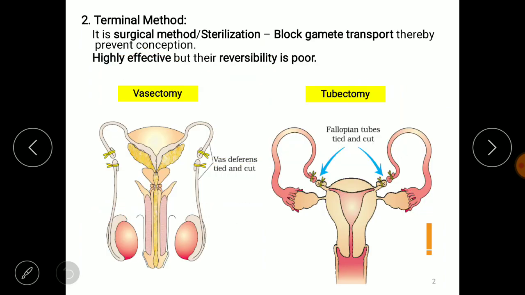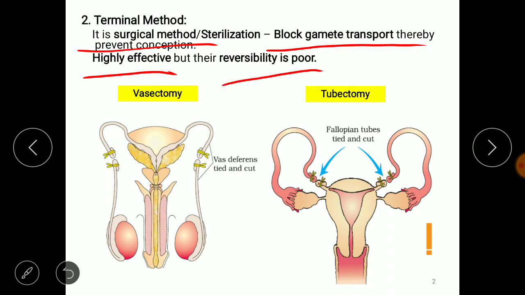The second method, which was called terminal method. So in this method, they surgically cut the vas deferens or the fallopian tube and block the gamete transport, thereby preventing the conception. So this is a highly effective method, but the bad thing is that these methods are not reversible or very poorly reversible.